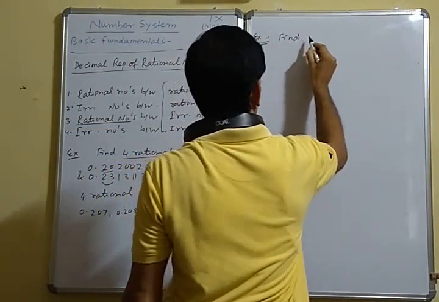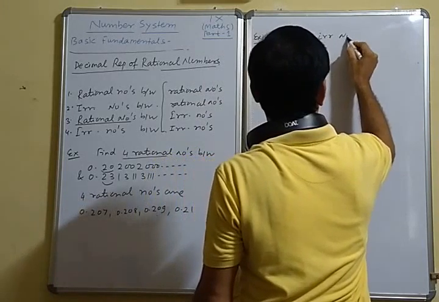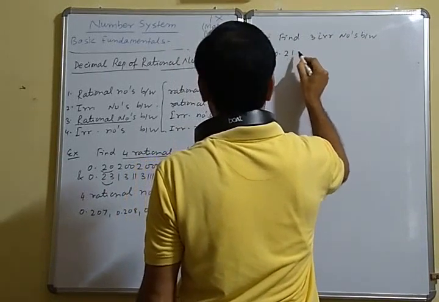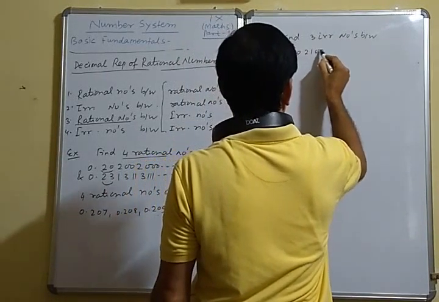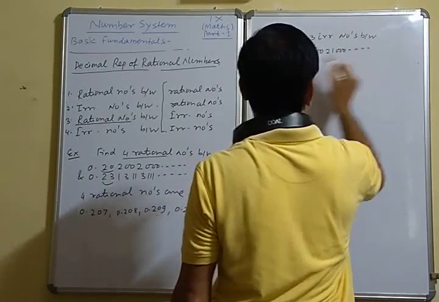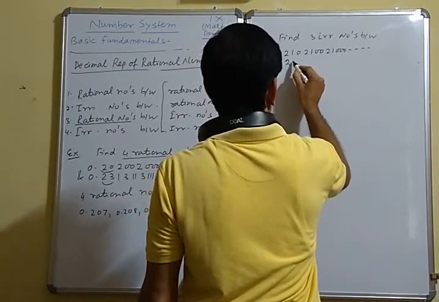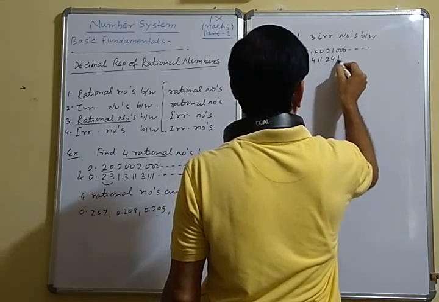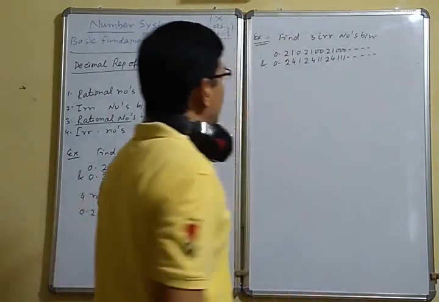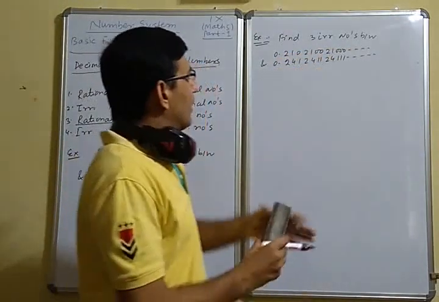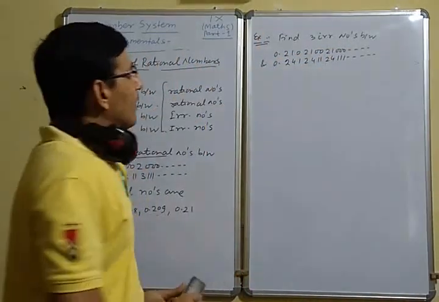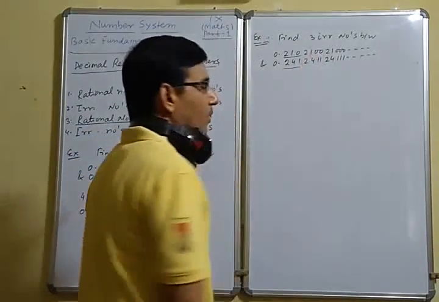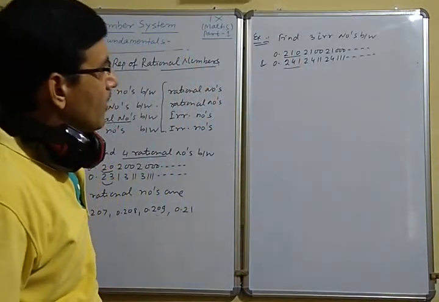Find three irrational numbers between 0.210210002100 and so on, and 0.241241124111 and so on. We have to find three irrational numbers between these two. Directly, this is 210 and 241, so we can insert infinite irrational numbers.